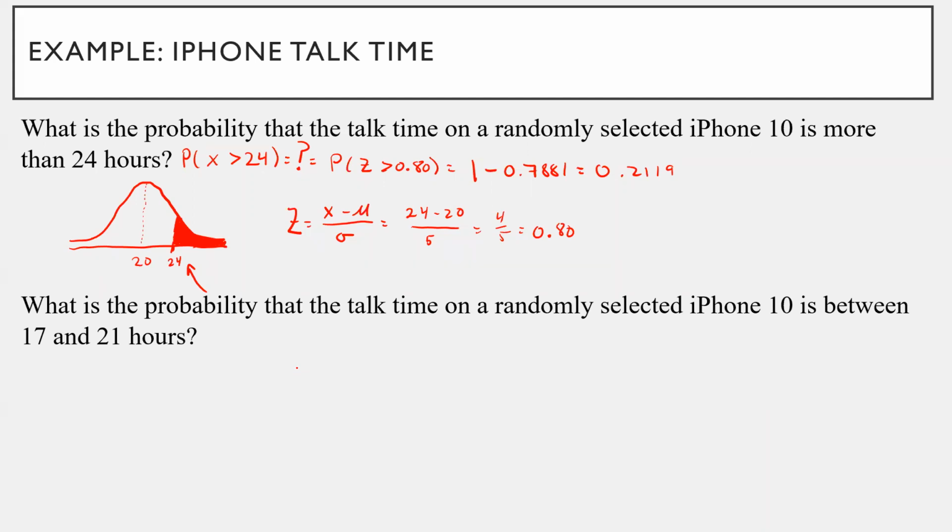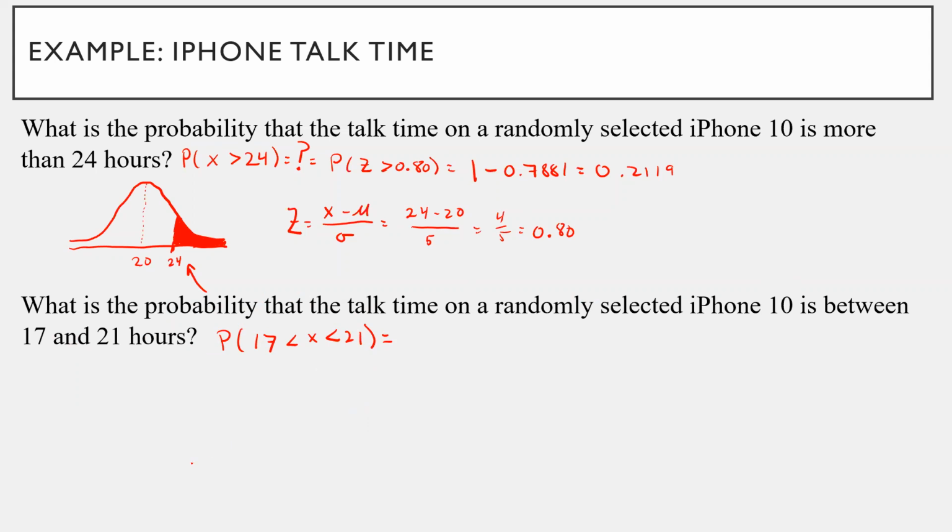Okay, sure. So what is the probability that the talk time on a randomly selected iPhone 10 is between 17 and 21? Okay, probability that you're between 17 and 21.